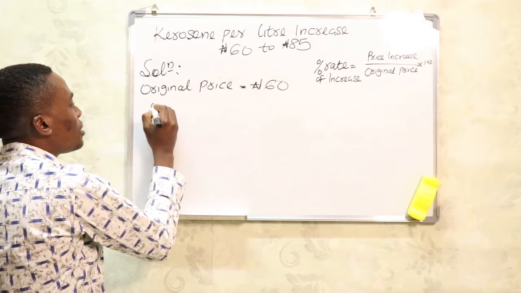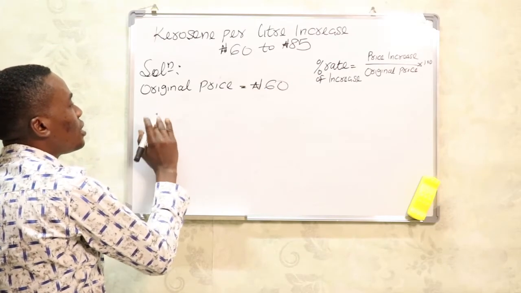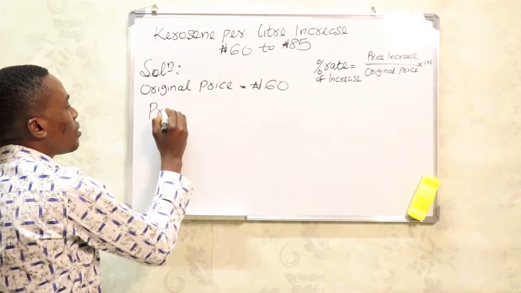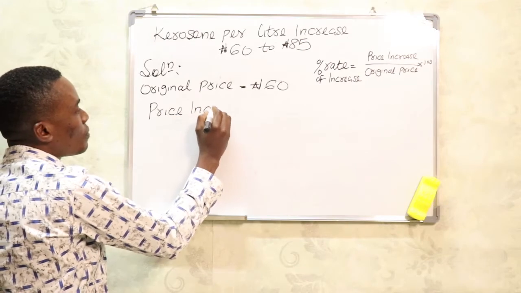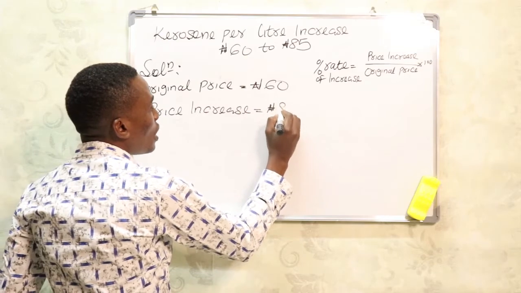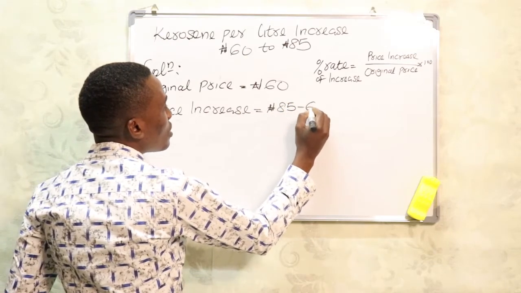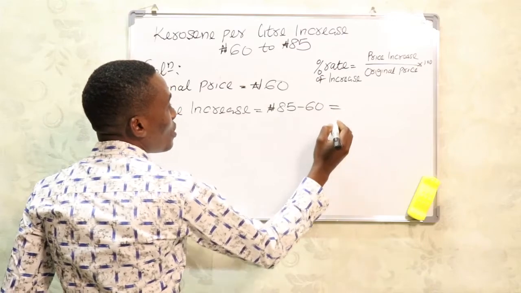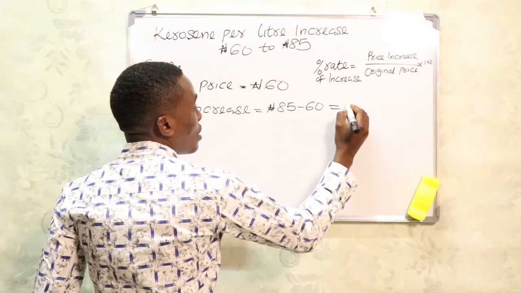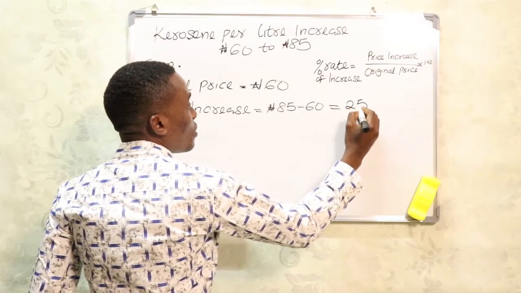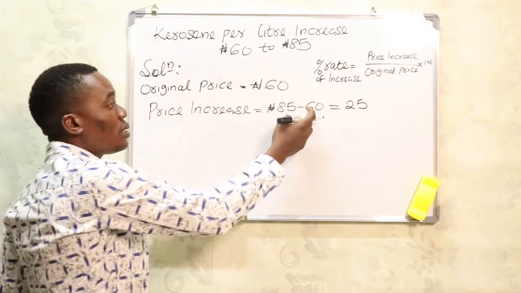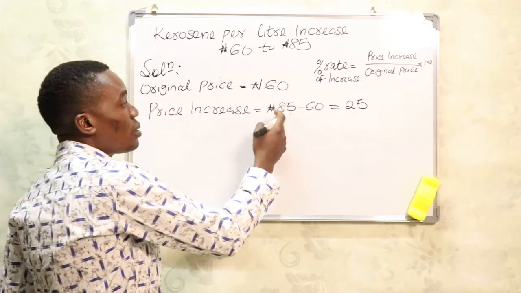Now the increase, the price increase, will be equal to 85 naira minus 60 naira. What will that give you? 85 minus 60 will give you 25. Now you see, you have 25. That's the price increase from 60 naira to 85 naira.